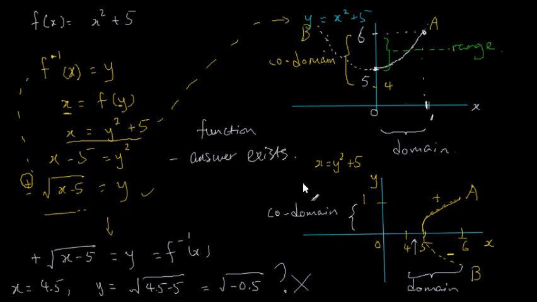In other words, we must have a value in the codomain for each and every one of the values in the domain. So for this particular function with this codomain and this domain, an inverse function does not exist, because this doesn't satisfy the property of an inverse function. There are certain values in the codomain for which there's no answer.